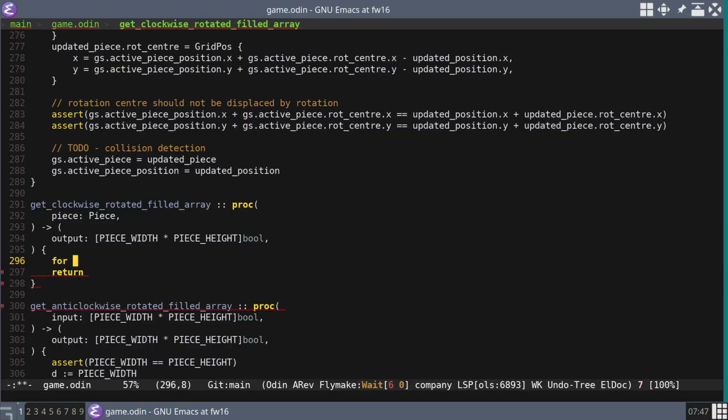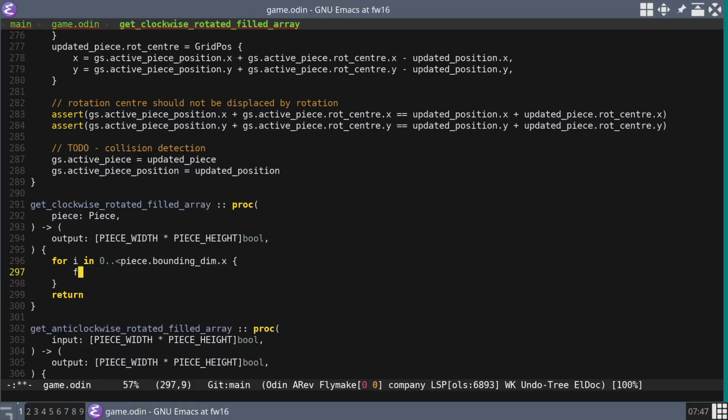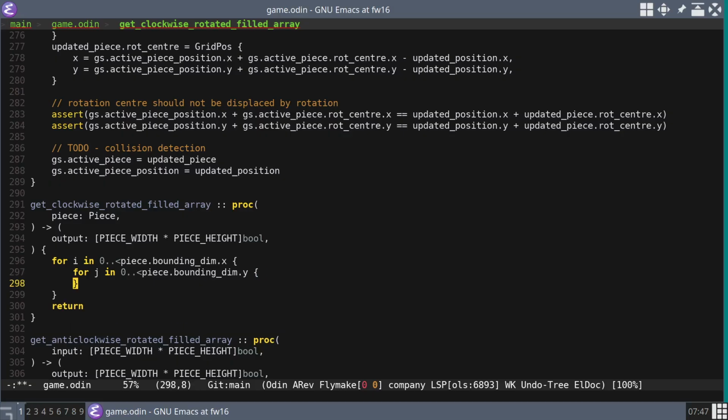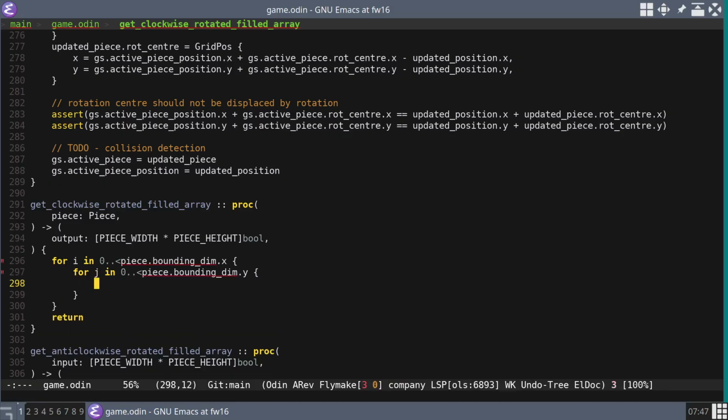So, for piece.boundingDim, I'm going to use I for my X position in the input, like that. Use J for our position in the input, up and down.